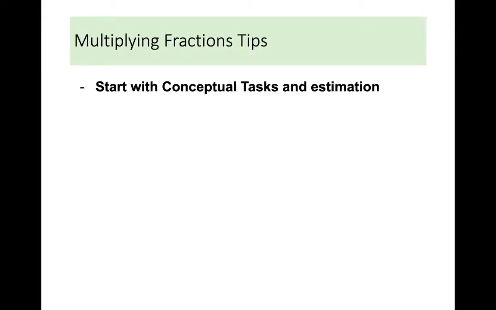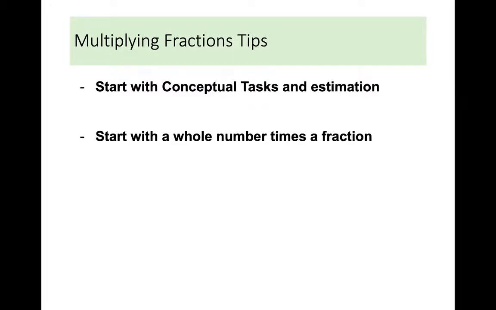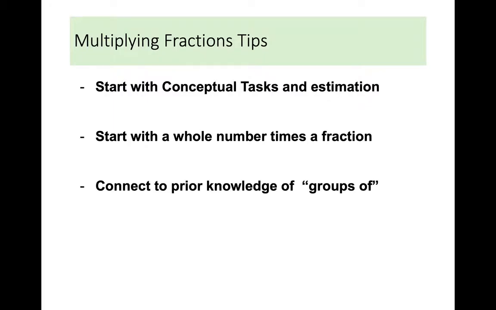Well, again, to begin to unpack that, we're going to start with some conceptual tasks, story problems, and estimation. And in the standards, when we think about starting with multiplying by fractions, it goes through a purposeful progression where we start with a whole number times a fraction because it's going to be more easily related to previous learning.